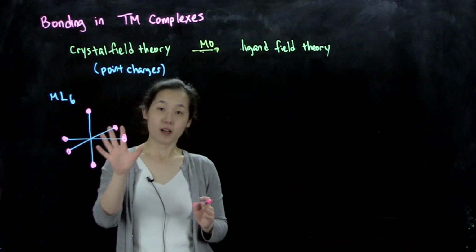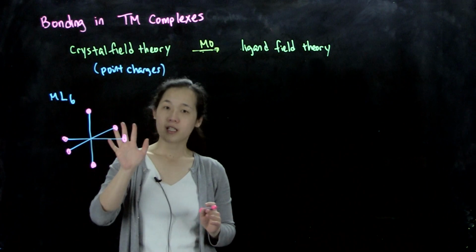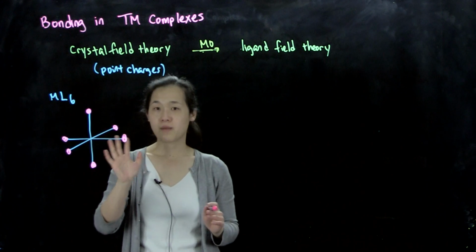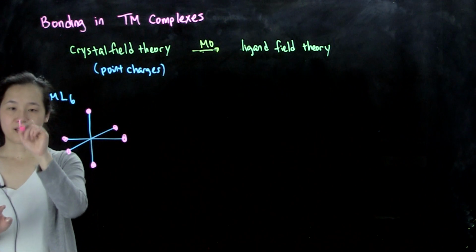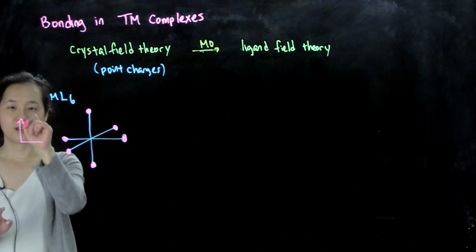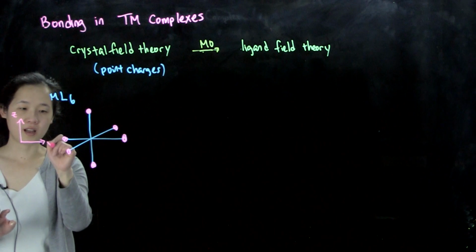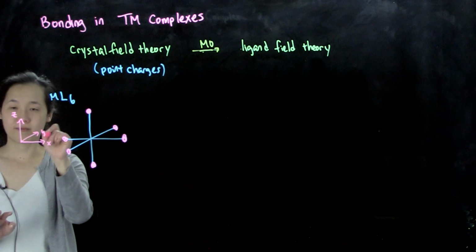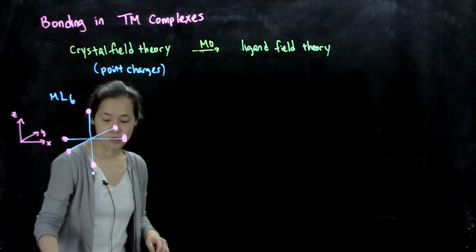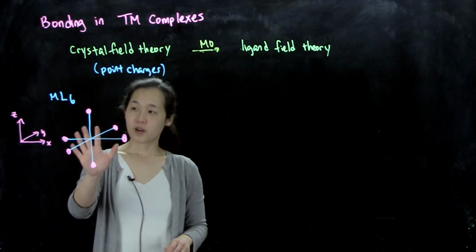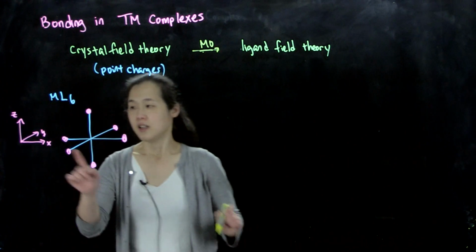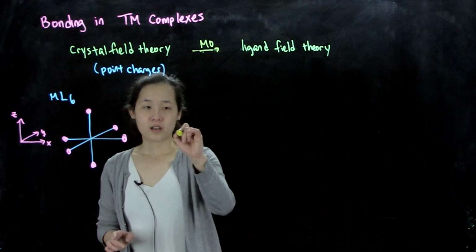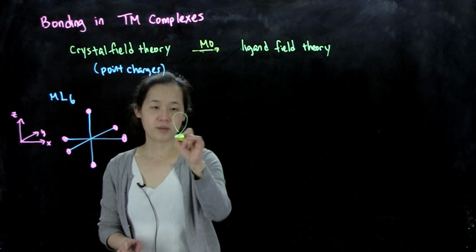Again, here's where the orientation of your orbitals really matters. I'm going to draw my coordinate system here: z, x, y. What we know is that if we have these point charges here, our orbitals are going to end up looking like this.